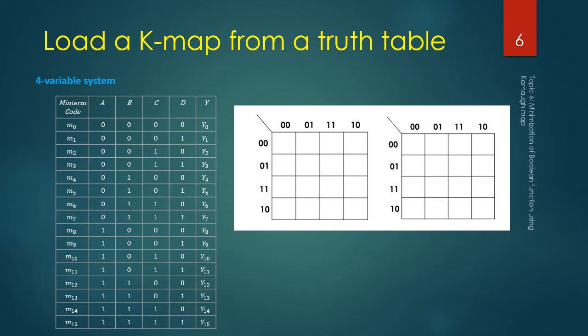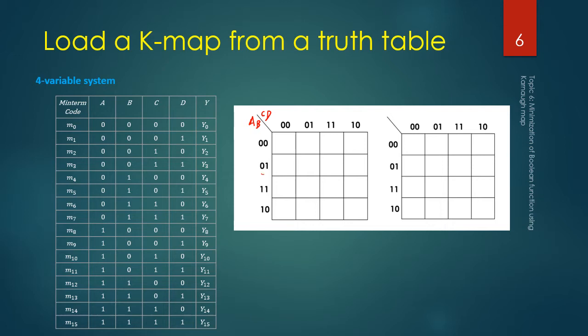For 4 variables, it's a similar thing. If we write the variables, we have 4 variables here. So if we write them like this, now for both the x-axis and the y-axis, we have 4 combinations. And still, you need to follow the Gray code. So on the x-axis, after 0, 1, you must put 1, 1 instead of 1, 0. Same thing on the y-axis.